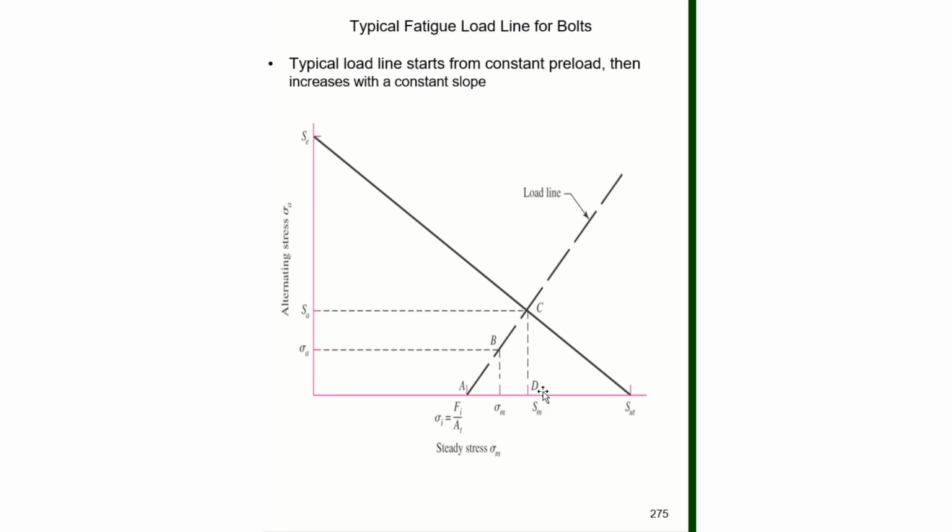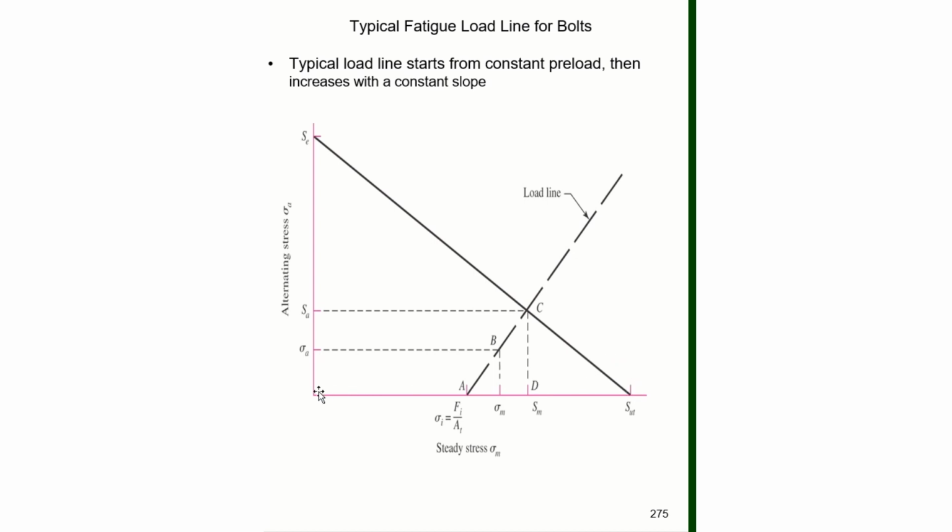And we mark off limits on this, where we mark off the Sut on the mean stress and Se on the alternating stress. So if I had a bolt that did not see any alternating stress, the maximum load that could be applied to that bolt would be the Sut. And so you see that failure is based on the ultimate strength using this model.